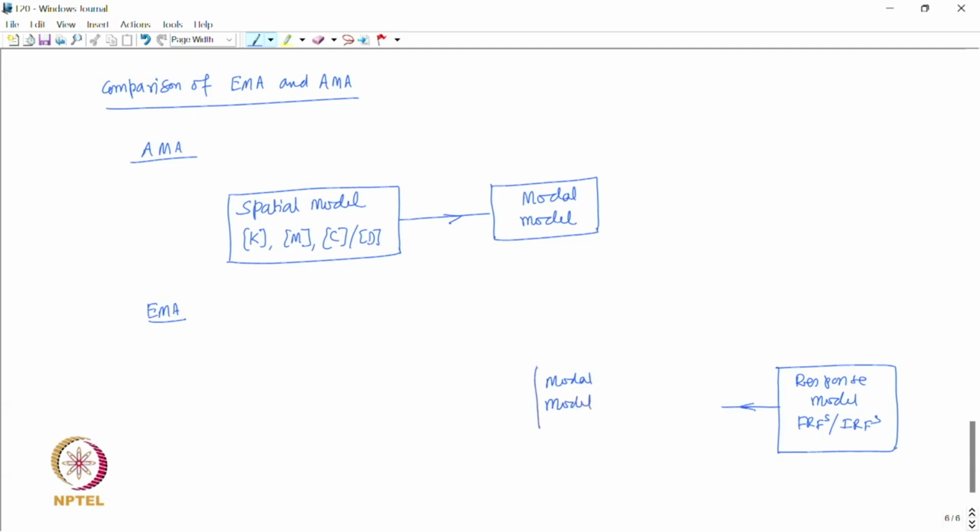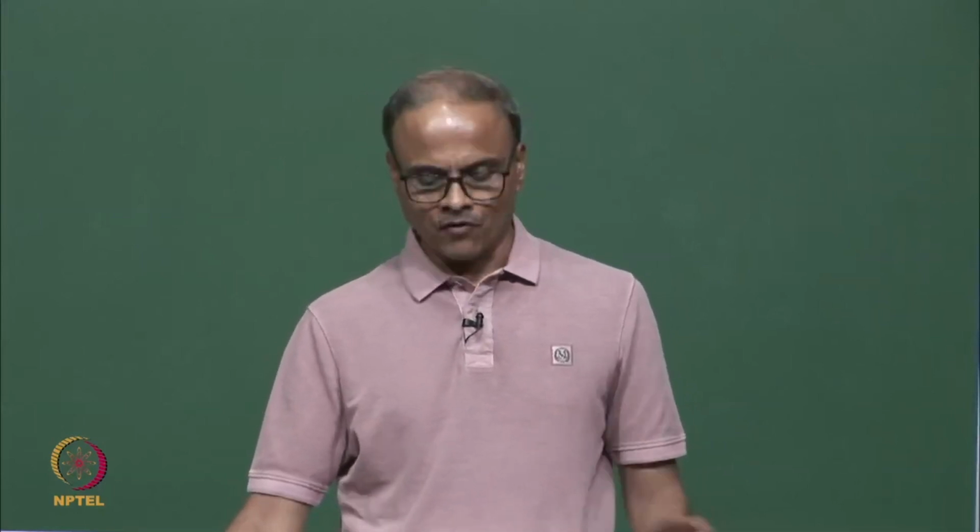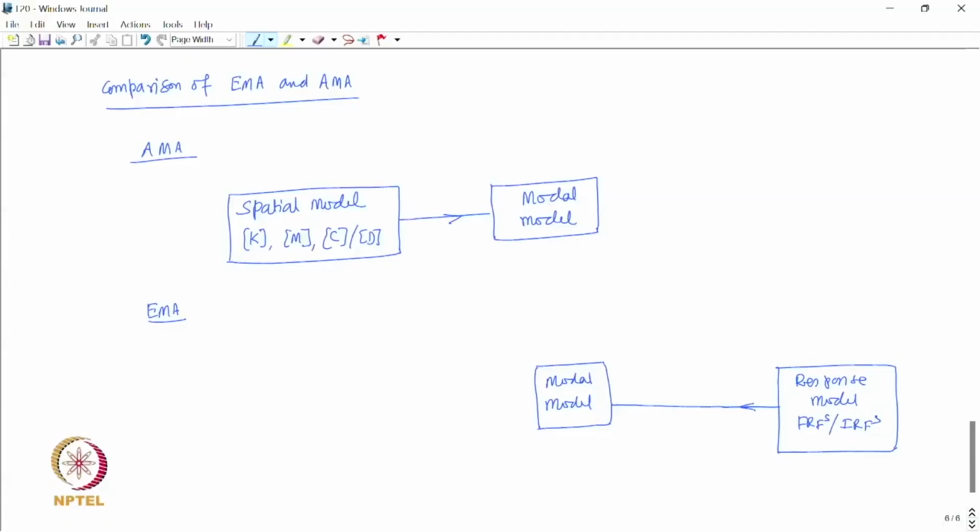The modal parameters we obtain by analysis of the response model basically constitute the modal model. So, we can say that analytical modal analysis is a forward route to identifying the modal model. We start from a mathematical model of the structure, and by forward analysis we obtain the modal model. But in experimental modal analysis we start from the response model, and then by an inverse procedure we obtain the modal model.